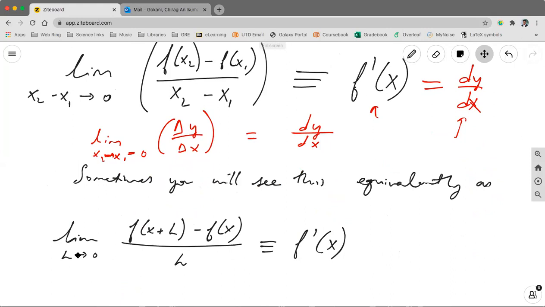This is equivalent to the top definition, but instead of the points x2 and x1, you think of this entire difference as h, some small number h, and you let h approach 0. You can get from here to here by making the substitution h is x2 minus x1.